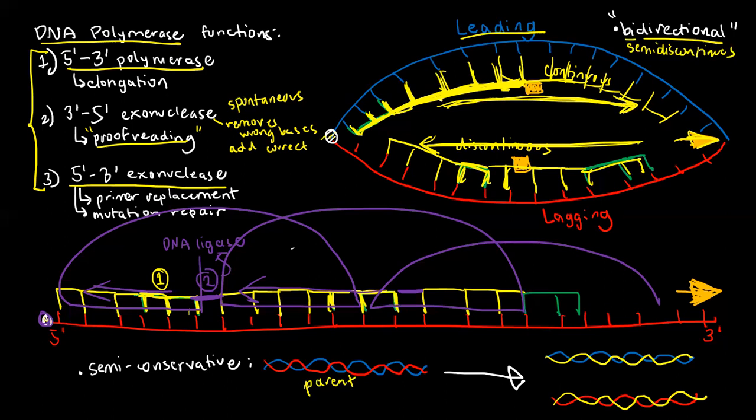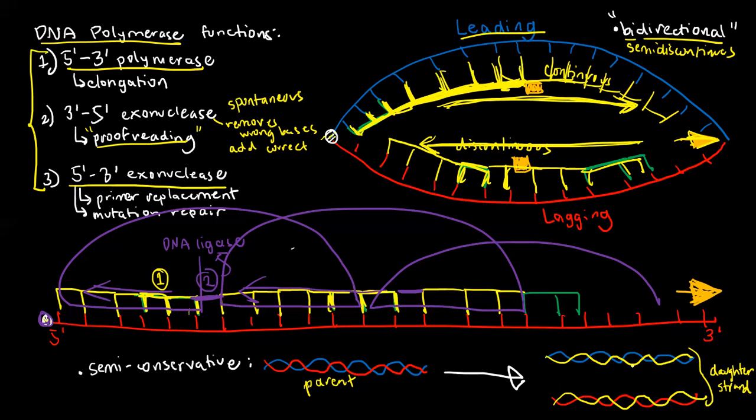One DNA would be blue and yellow, just like this, and then the other DNA would be yellow and red. We could call these the daughter strands because they are the ones that come from the parent. So, in summary, you could say that in replication, one parent strand is converted to two daughter strands.